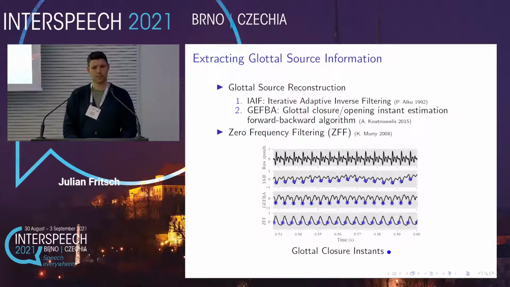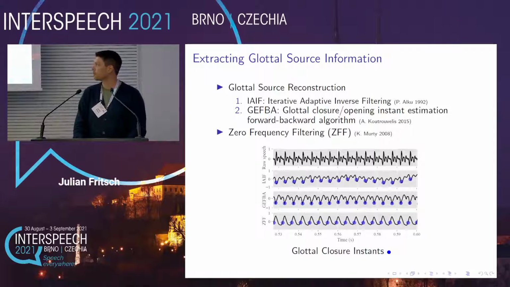Now, you can use all of these three filtering techniques to mark the glottal closure instance. They're marked in the plot here with the blue dots. And we're also plotting the raw waveform.